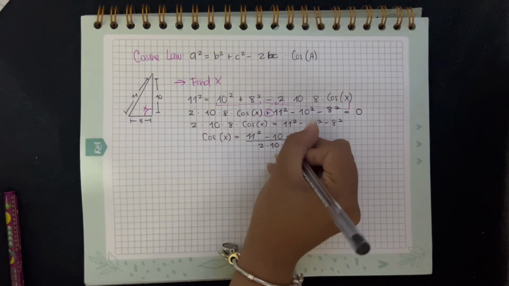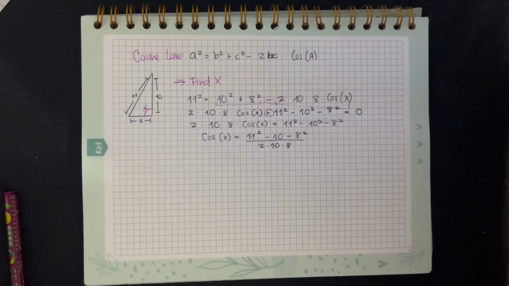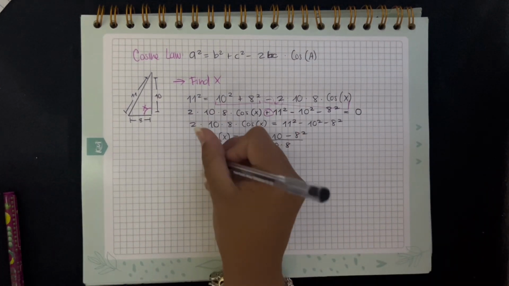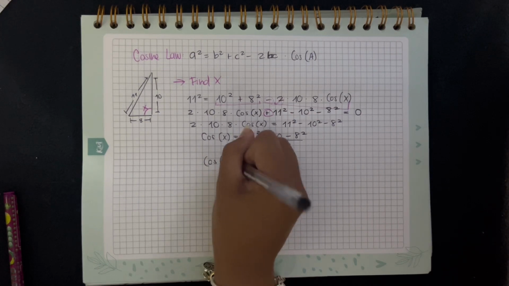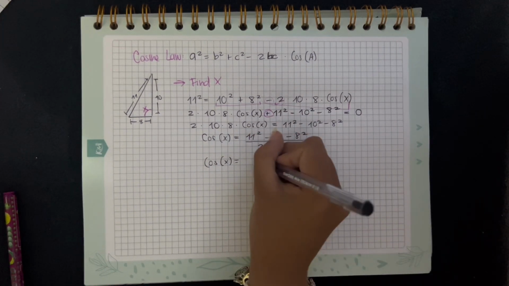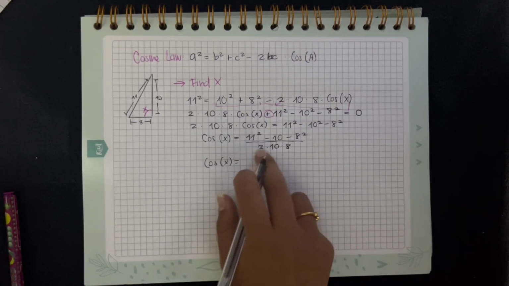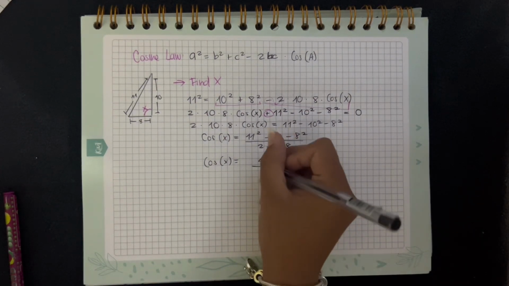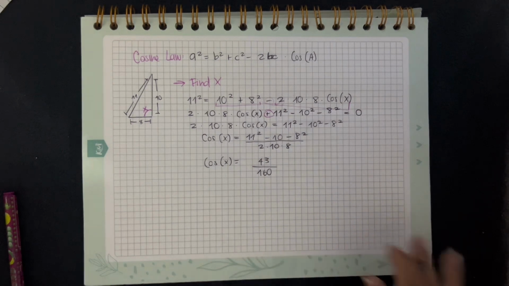times 10 times 8. When you do that operation, first of all, the right part will give us a result of 43, and this operation 2 times 10 times 8, it will be a result of 160.